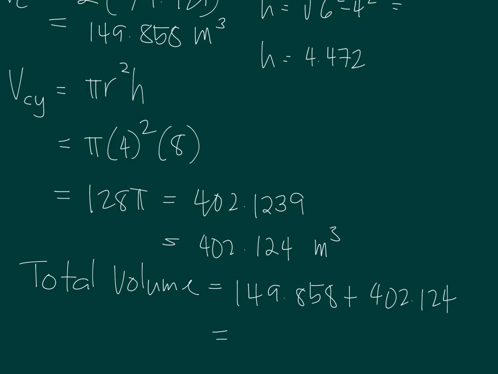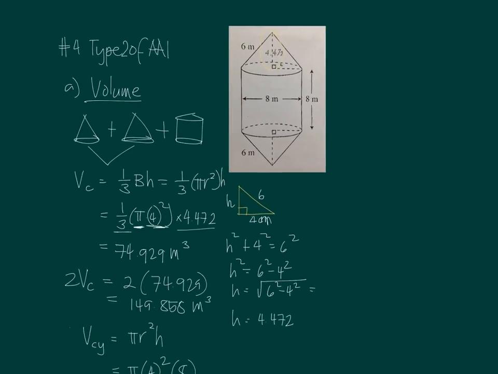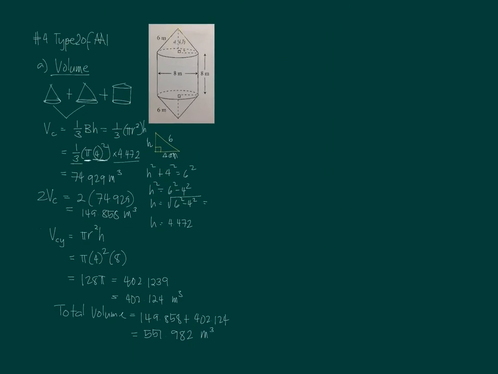Approximately this is 551.982 m cubed. So that's the volume of the cylinder and the two cones. That's done for the volume.